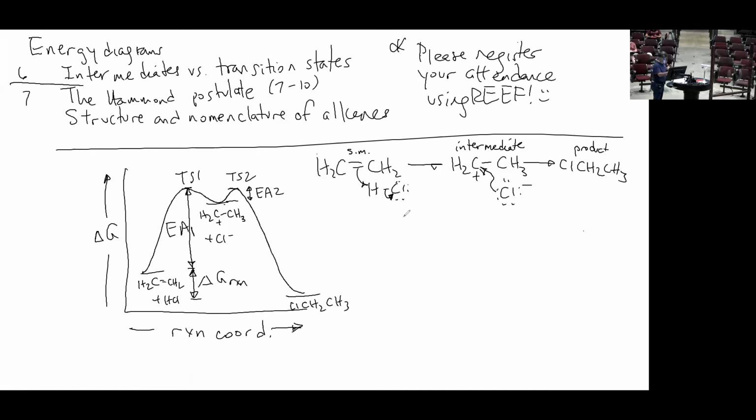The reason I think this is a very good question and a very important point is that this is a common misconception among students. When we draw a mechanism like this, we're not saying that every single molecule does exactly this and nothing else. There are cases of intermediates reverting back to starting materials. There might once in a blue moon even be one that reverts all the way from product back to starting material. However, with this energy difference being negative, over time we can expect the equilibrium to favor the product very strongly.